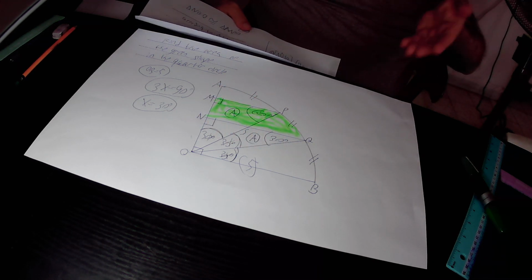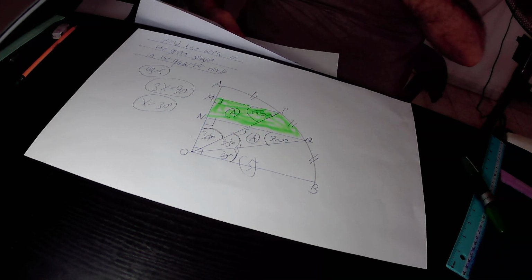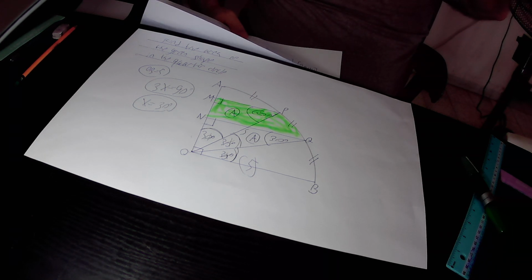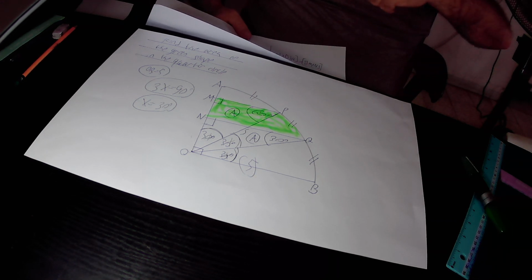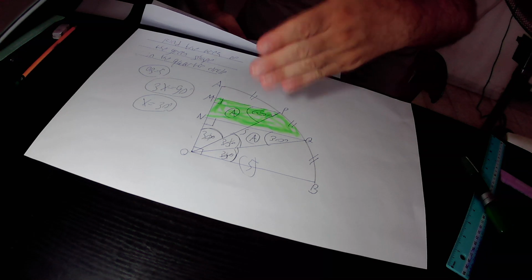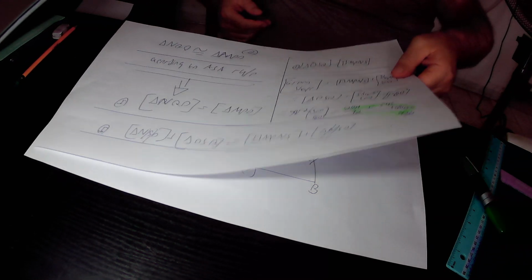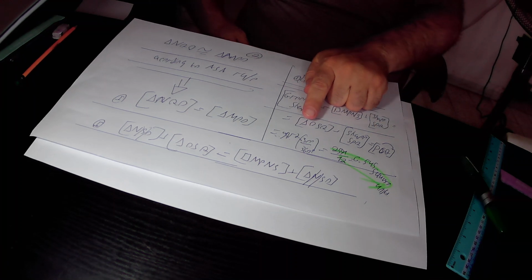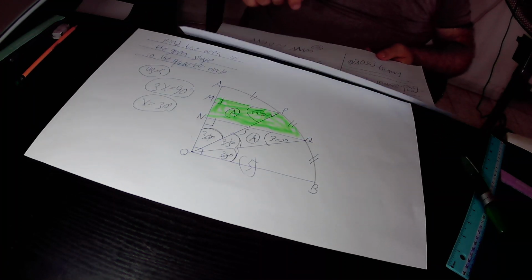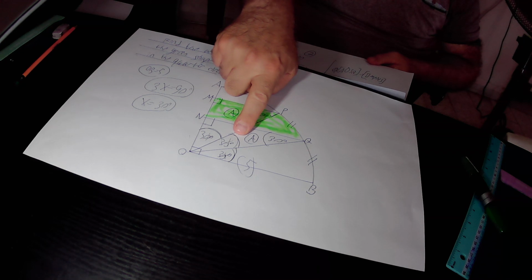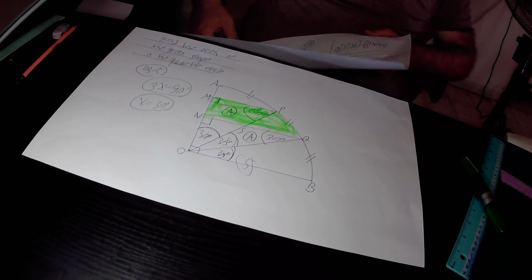The area of any sector equals pi r squared, the area of the circle that contains the sector, times the angle between the legs of the sector over 360 degrees. Therefore, the area of sector POQ must be equal to pi r squared times the angle between the legs of the sector, that is 30 degrees, over 360 degrees.